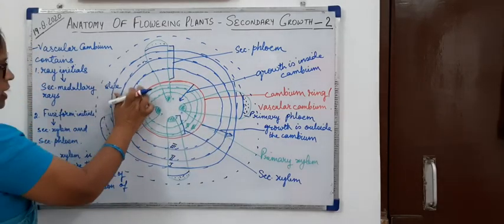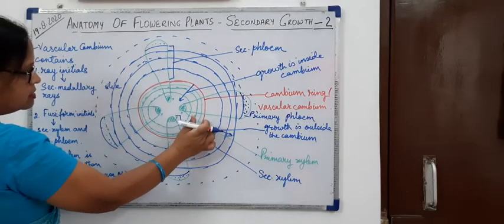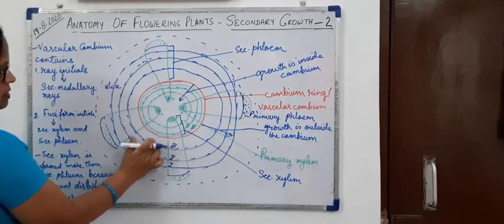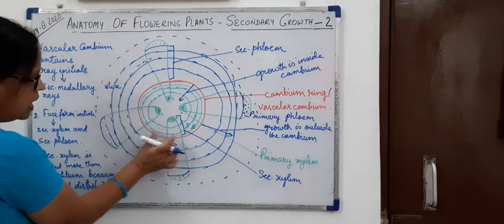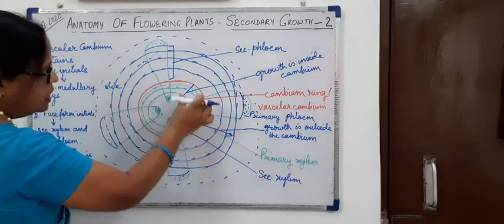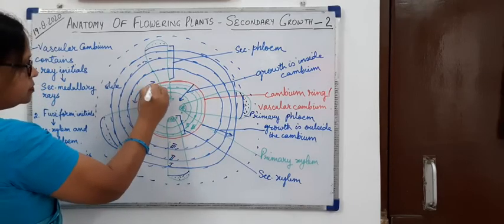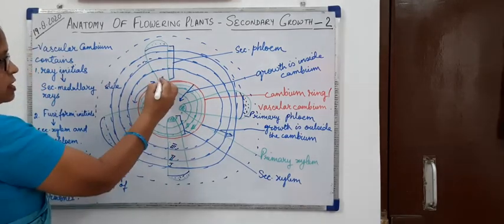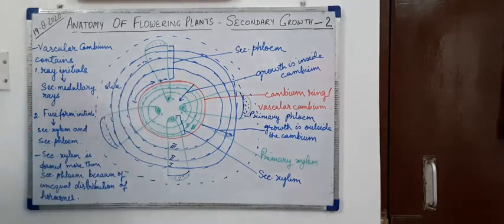Whereas the ray initials will be on this side, and this side of the cambium. So this part of the cambium will be having the ray initials, this part. And this part of the cambium will be having the fusiform initials.